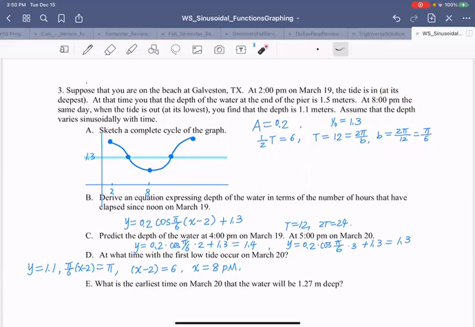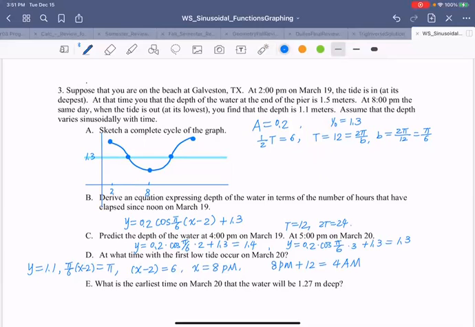And the period is what? It's 12 hours, right? So 8 p.m. plus 12 hours is going to equal what? 4 a.m., right? Okay, hold on.